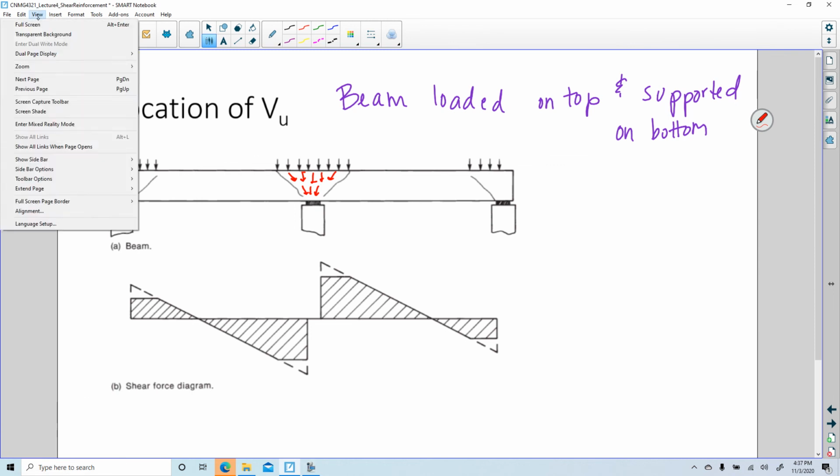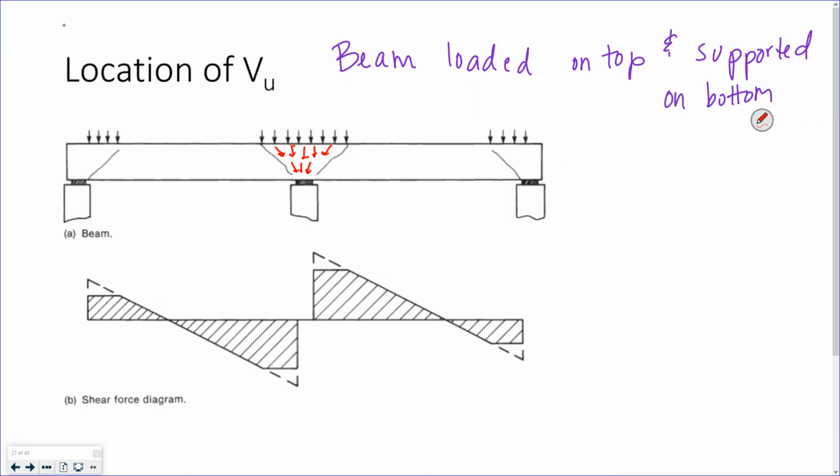If you have a beam loaded on the top, supported on the bottom, your load from the top of the beam flows down right into a column.